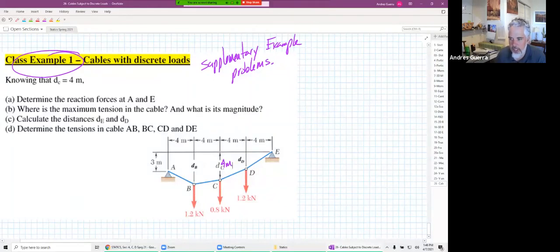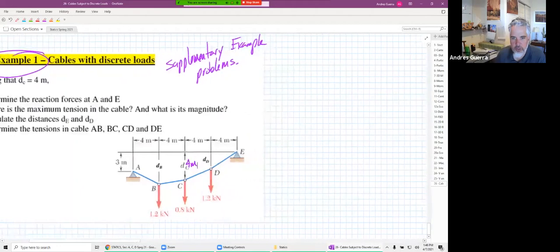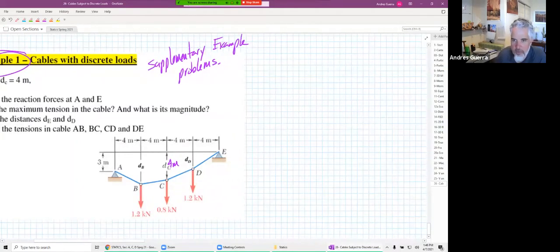And let's go ahead and draw our given information here. In this problem, we're going to have point A about there, and point B right there.